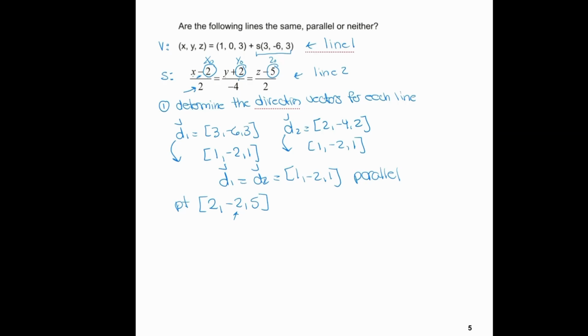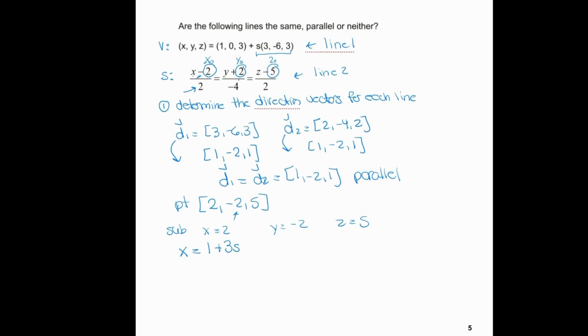So now that I have a point, we're going to sub x equals 2, y equals negative 2, and z equals 5 into the parametric equation for line 1. And if our t values are the same for all three equations, the lines are the same. They're not just parallel, they're actually on top of each other. So in our parametric equation, we have x equals 1 plus 3s.